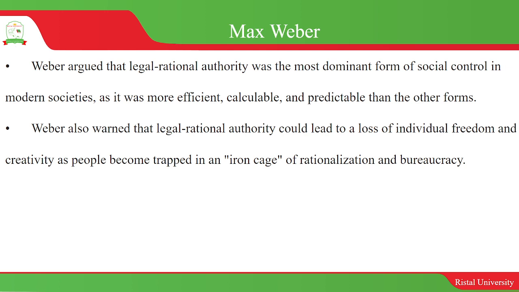Okay, so that is one point that he emphasized. Okay, and then he also warned that legal rational authority can lead to loss of individual freedom and creativity because people are being controlled in a certain cage, which he referred to as the iron cage of rationalization and bureaucracy.